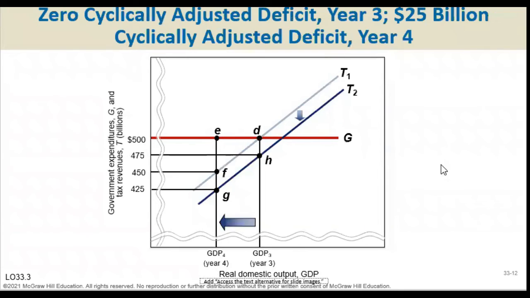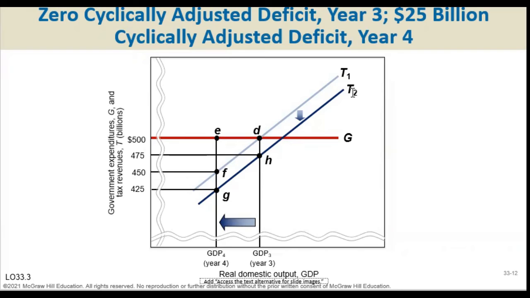So if we look at this graph, it shows you the cyclically adjusted deficit with discretionary fiscal policy. You'll see here that there's a change in the tax line, as reflected by a downshift of the tax line from T1 to T2, right?